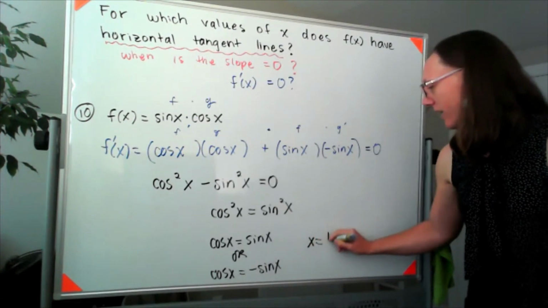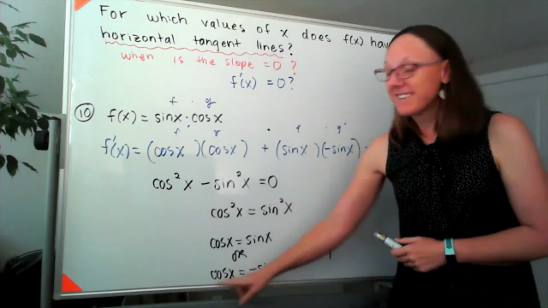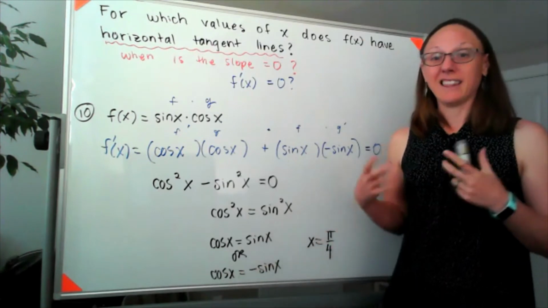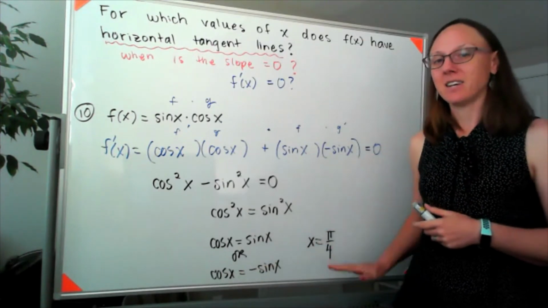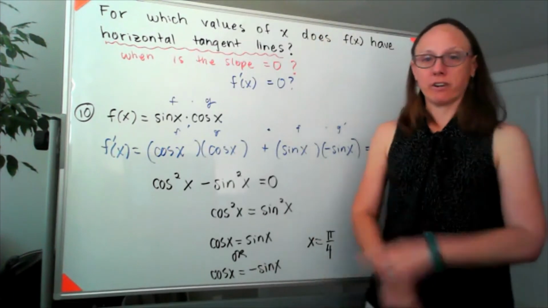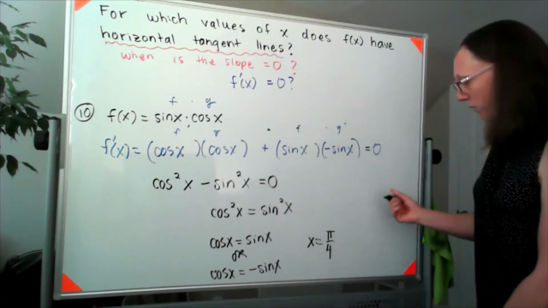So I know that I'm looking for pi over 4, but this also tells me that I'm looking for the places where sine and cosine are the same but opposite signs. So I'm really looking for pi over 4 in all 4 of our quadrants. So pi over 4 in the first quadrant is pi over 4.